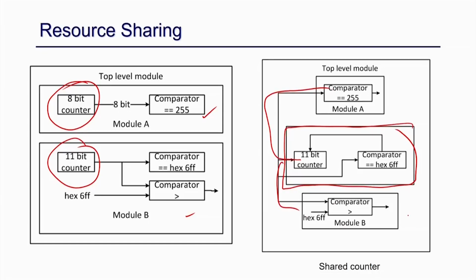So now I have one counter module which is reused in both modules. I bring the two counters out, create a dedicated counter module and use it. This is what is called resource sharing. It is about finding similar types of operations happening in multiple hierarchical modules.